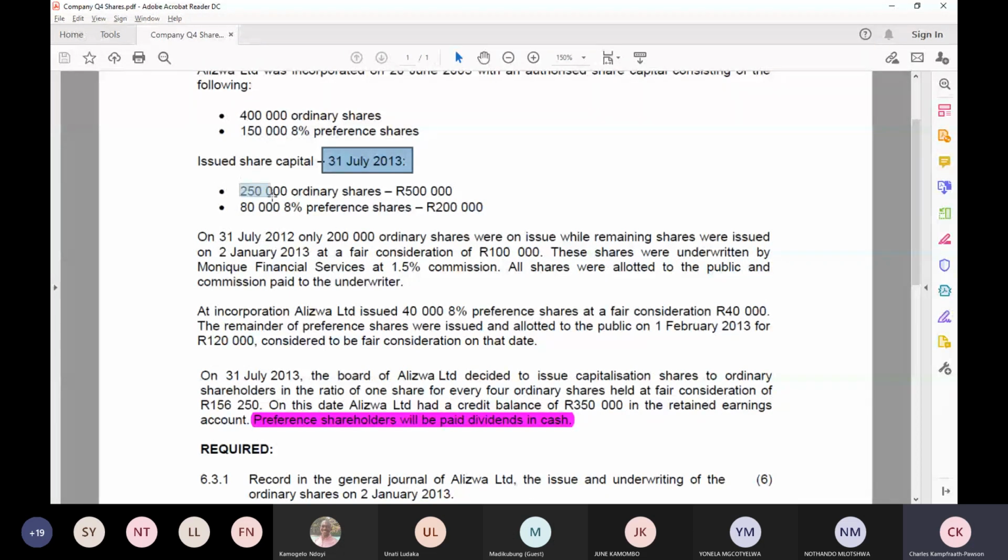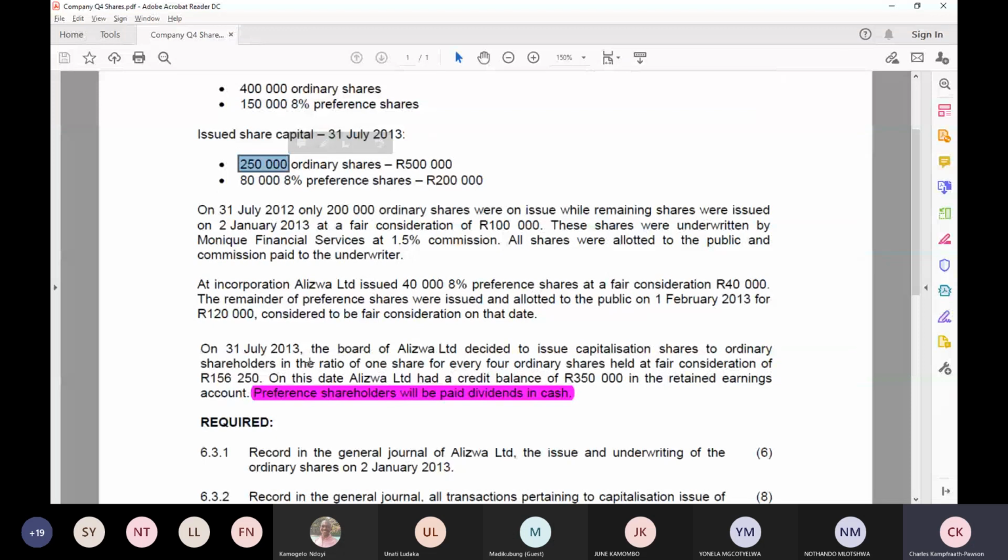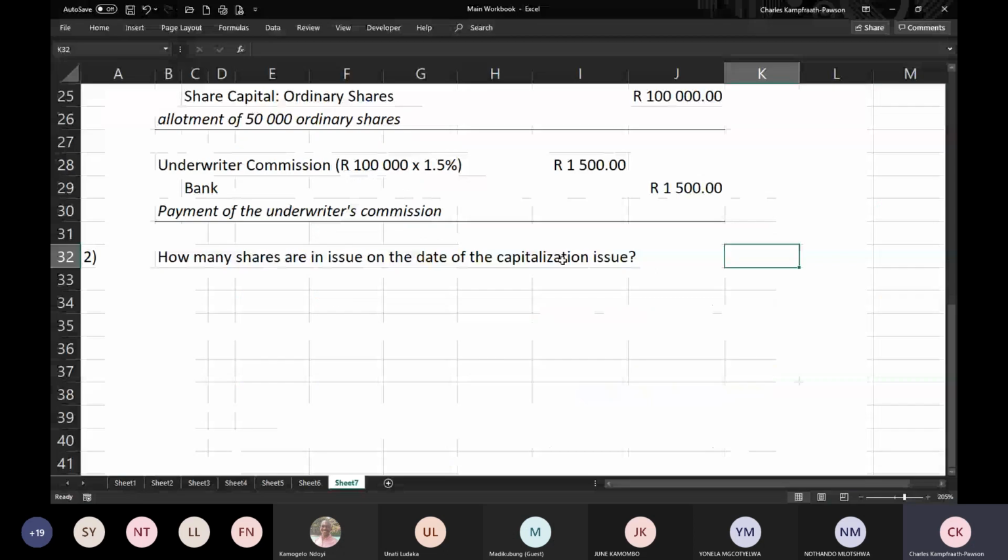So another 50,000 were issued, and we know when that happened. But let's just read those dates carefully. On the 31st of July 2013, the board decided to do a capitalization issue. I don't give a specific date, so that means 250,000 shares will be subjected to the capitalization share.